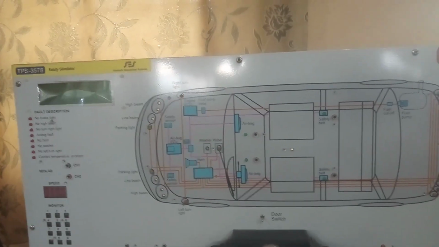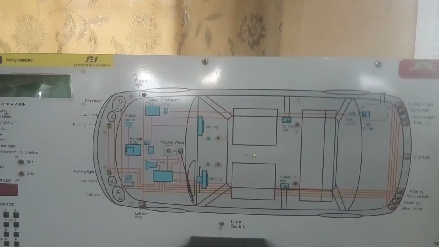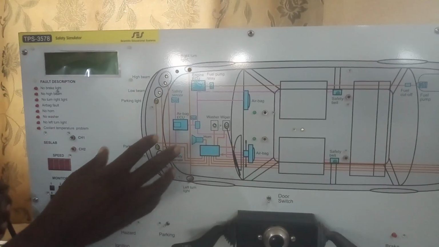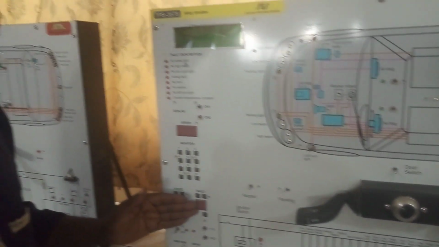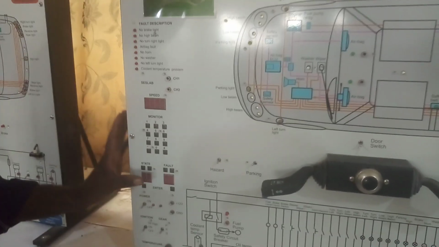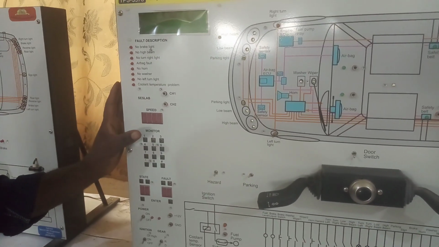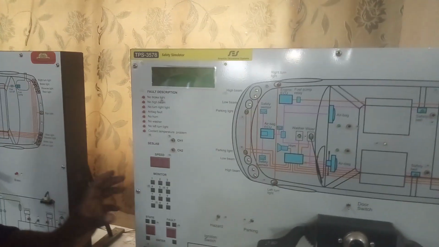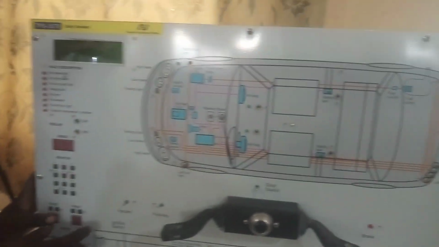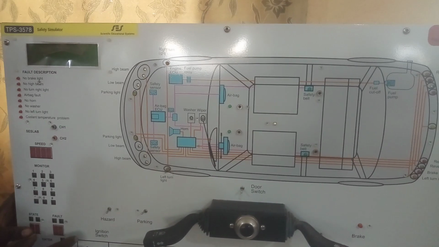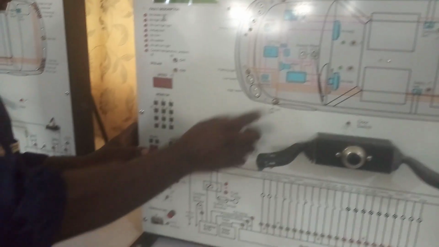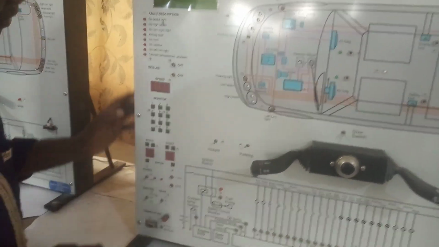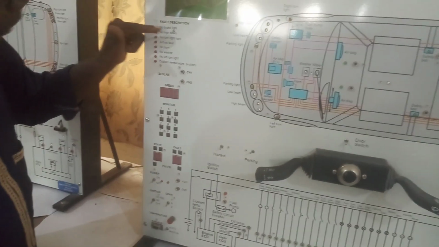Simulated in the sense that you can key in the fault, and once you key in the fault on this panel, for instance, no brake light, you can key in here using the state and the fault units, and by the time you operate it or put on the panel, you will observe that there will be no brake light.